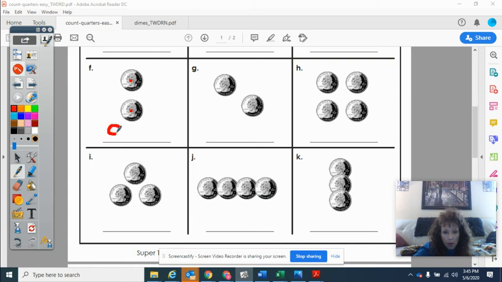So I'm going to write a dollar sign, 25, 50. That's $0 and 50 cents. All right, so I did a few with you. Clear those out.